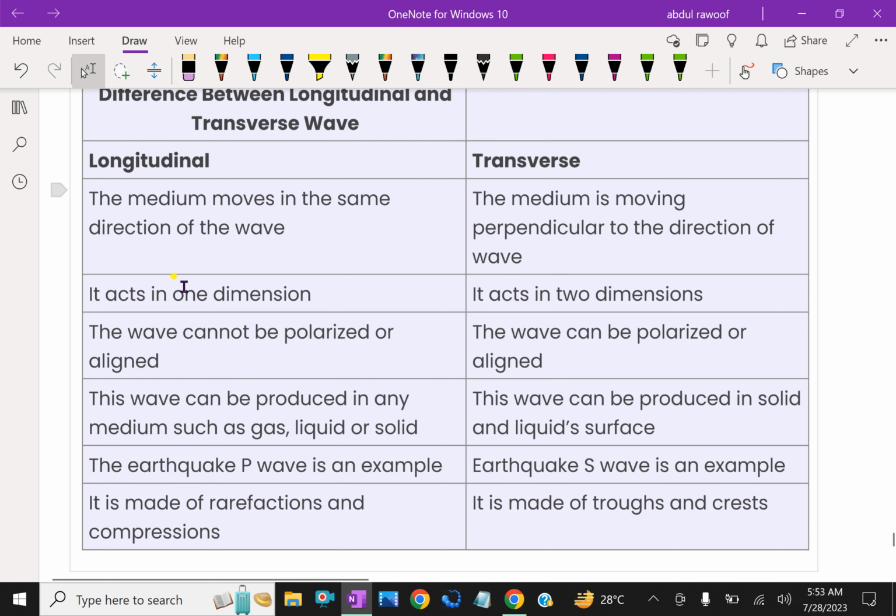The earthquake P wave is an example of a longitudinal wave. The earthquake S wave is an example of a transverse wave. Longitudinal waves are made of rarefactions and compressions.